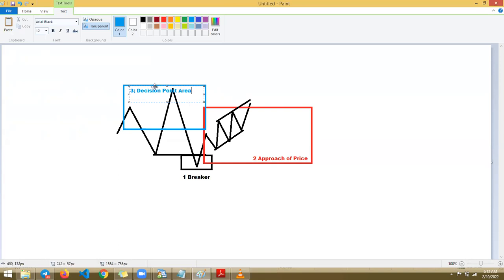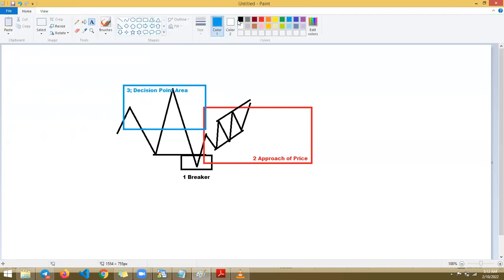That is where you basically look out for your decision points. We could potentially have a decision point along this area, that area there. And as you can see here, we have a QML giving us confirmation.